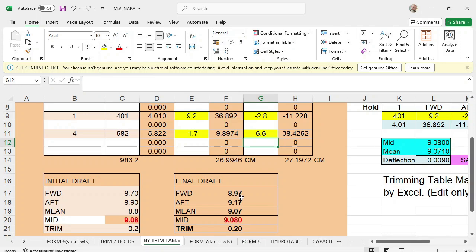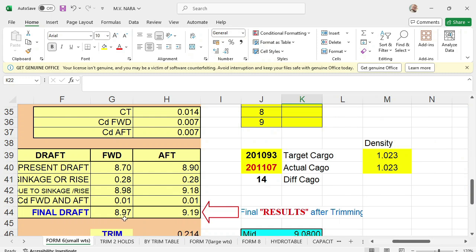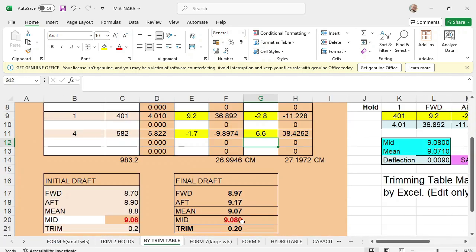Your forward drop is 8.97. Aft is 9.19, 9.17. But still you have your trim of 20 centimeters and your mid is 9.08. Your mean is 9.07. So you have a zero deflection.